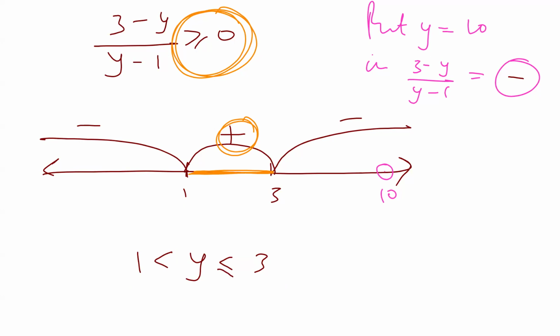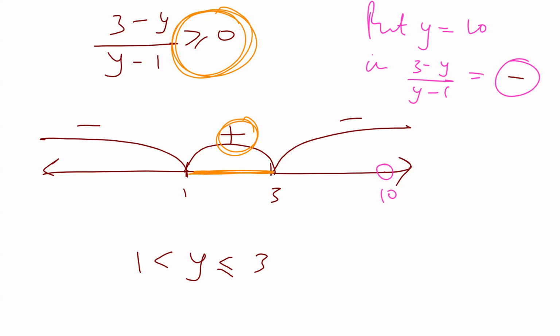One question. If in the sum it didn't say that it was greater than or equal to 0, if they had just given that it's greater than 0, would 3 still have the equal to sign?